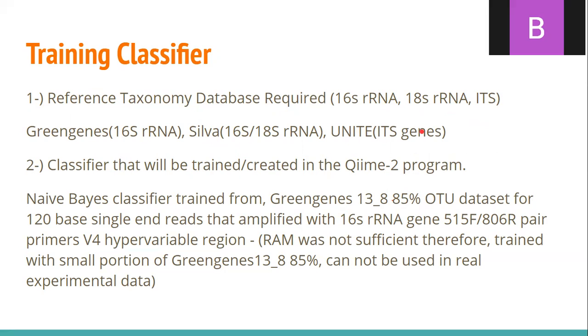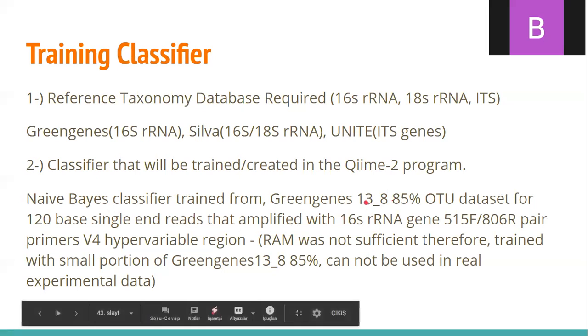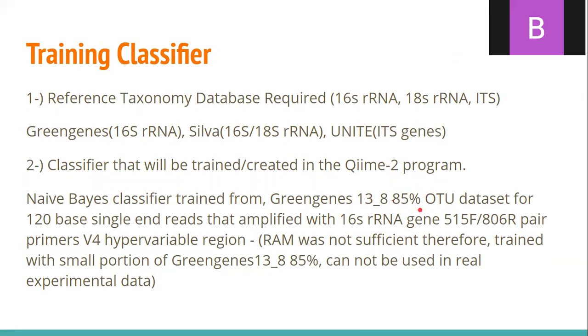These are the databases. And then, in order to train a classifier in the naive Bayes format for my experiment, I have used the Greengenes 13_8 version, but not completely.